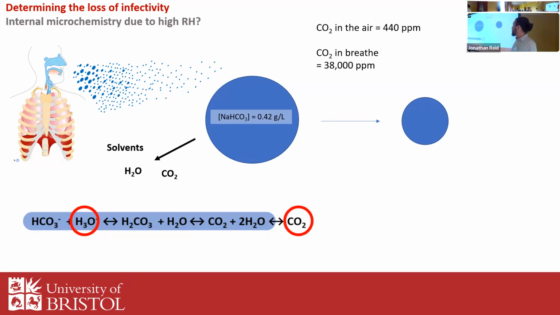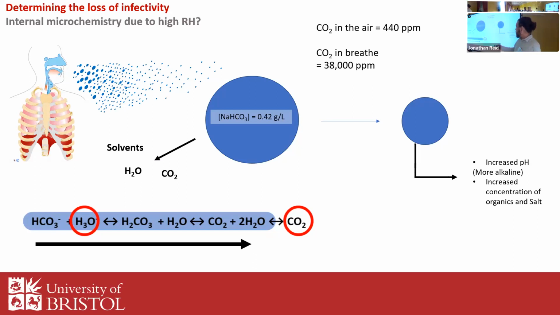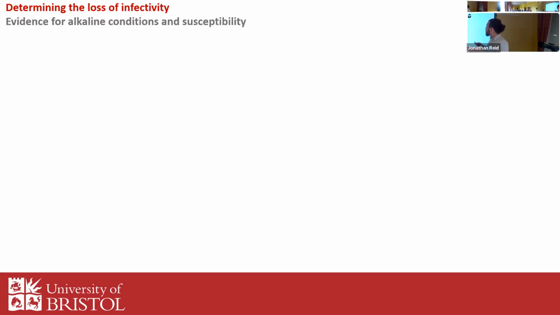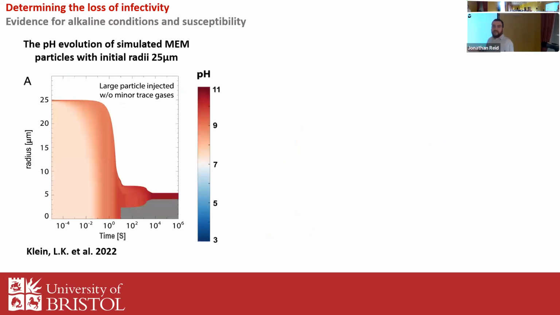The CO2 is taking away acidity from the droplet, making the inside of the droplet more alkaline, with increased concentrations of salt. It's driving this chemistry equilibria inside the droplet, making the droplet more alkaline with increased concentrations of organics and salts. This has been reflected in other groups' work where they model respiratory droplets and show that these droplets move to high pHs.